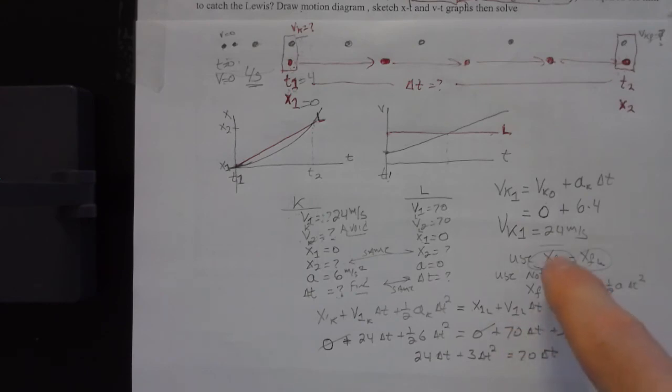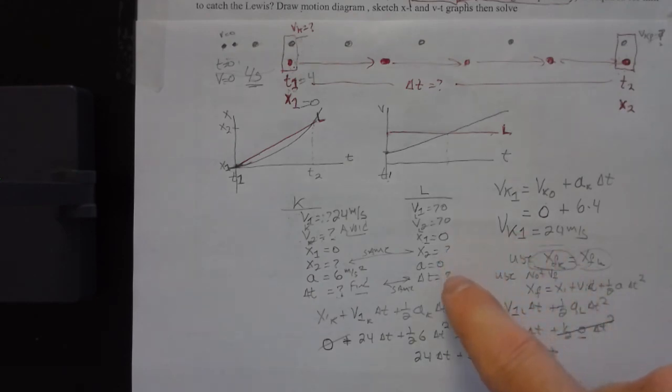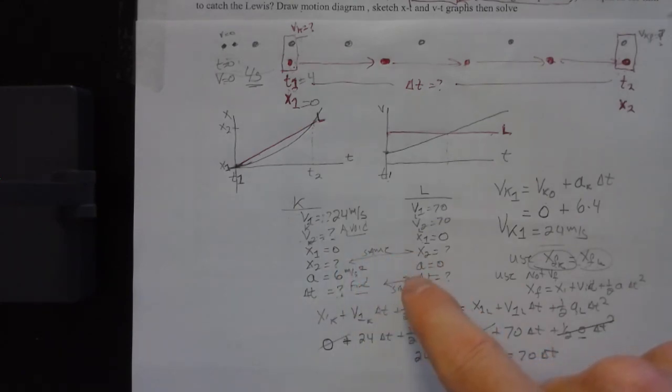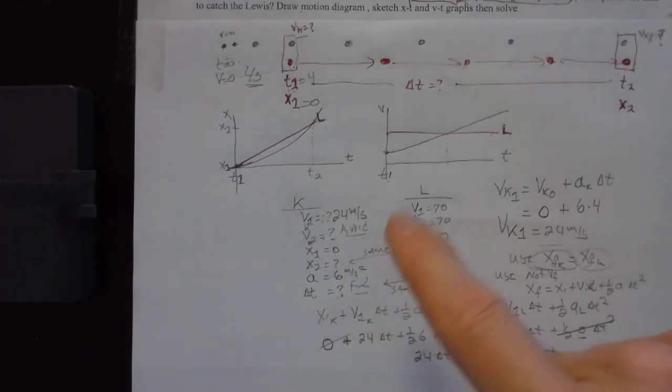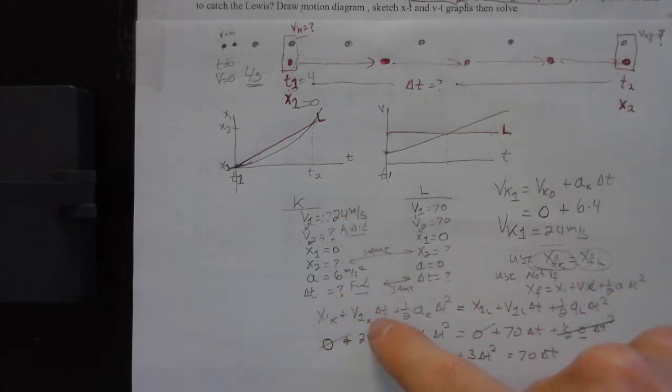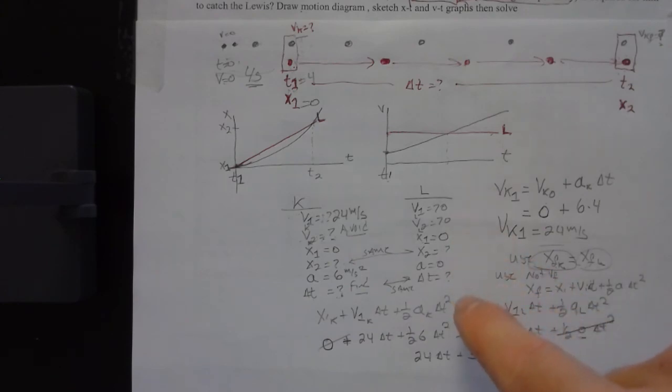Another way to think of this is, if you have two unknowns here, we need two equations. We do have two unknowns, the position at the end and the time at the interval. So we need an equation for Kimi, that's over here, and we need an equation for Lewis. I'll put that over here. And then we can solve. I solve them by setting them equal to each other. You could solve them with substitution. There's a number of other ways to solve those problems. Hope that helped.